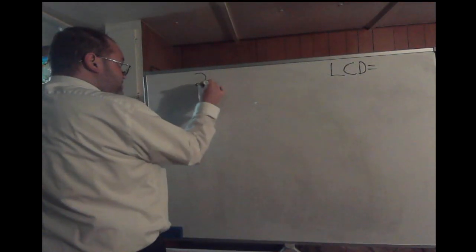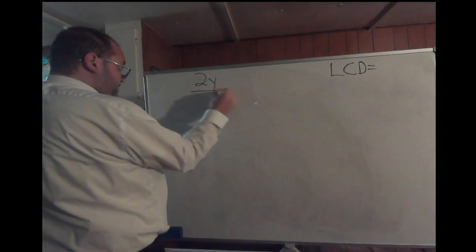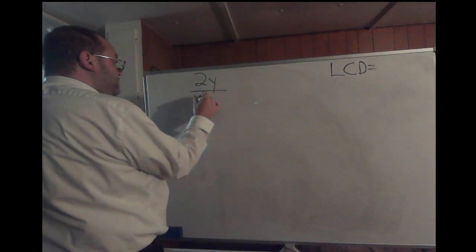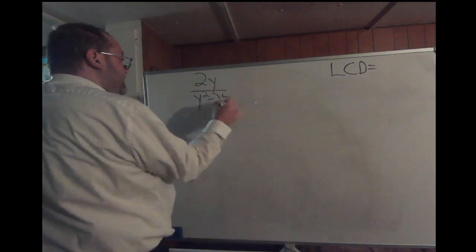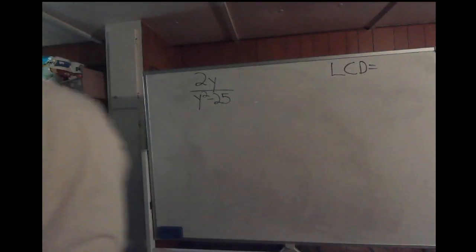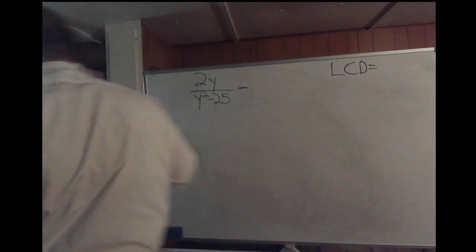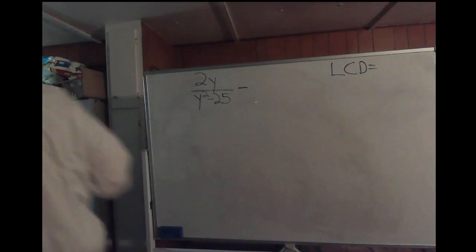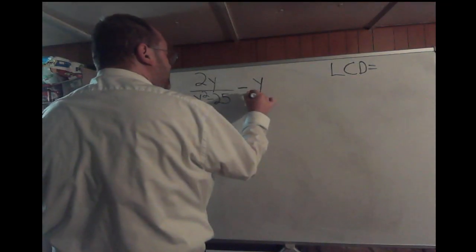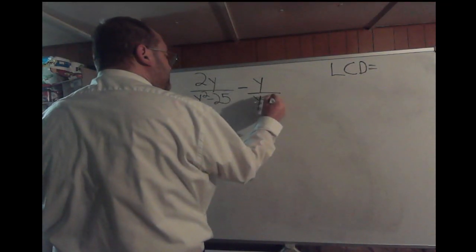Alright, let's see. 2y over y squared minus 25 minus y all over y minus 5.